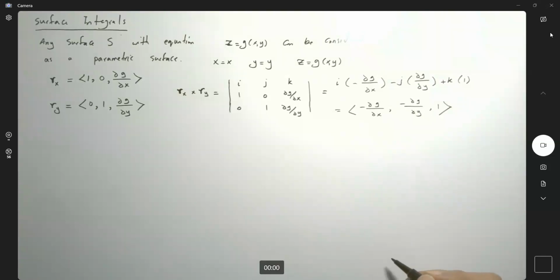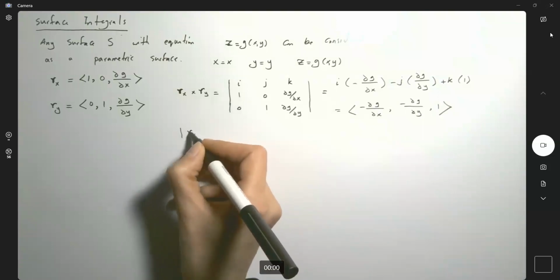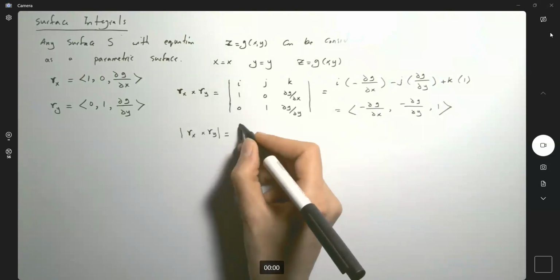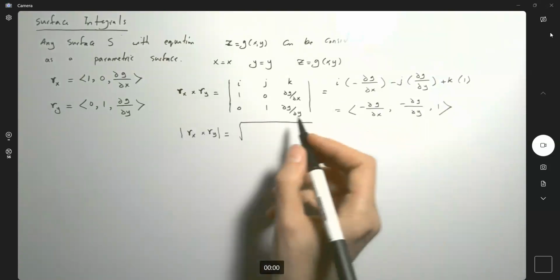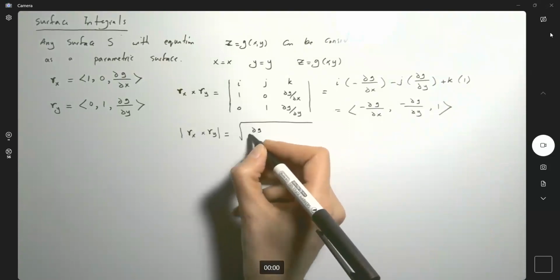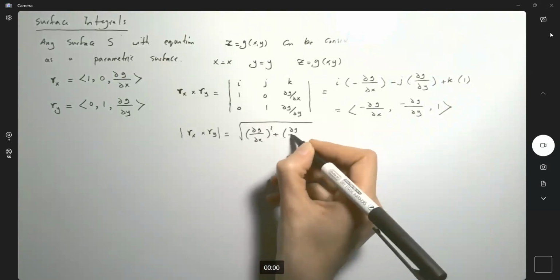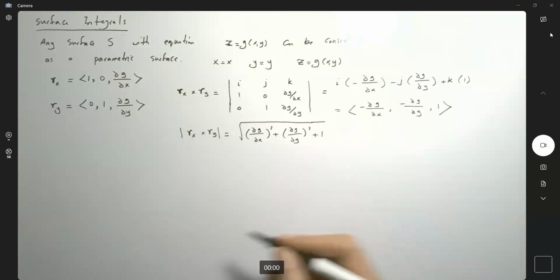Very good. So now you can find the magnitude of r_x cross r_y, which is nothing but the square root of this guy squared plus this guy squared plus 1. So you have the partial derivative of g with respect to x squared plus the partial derivative of g with respect to y squared plus 1. Perfect.